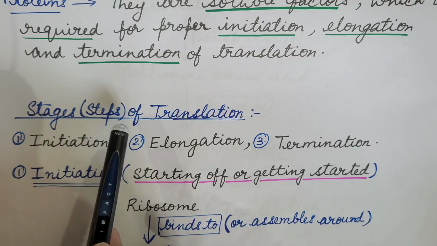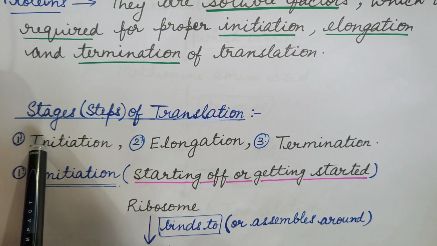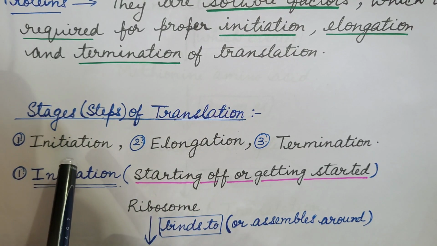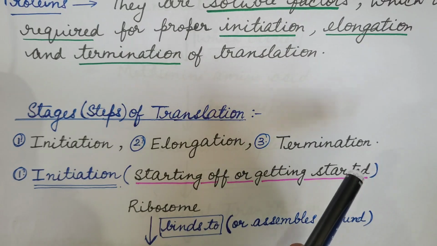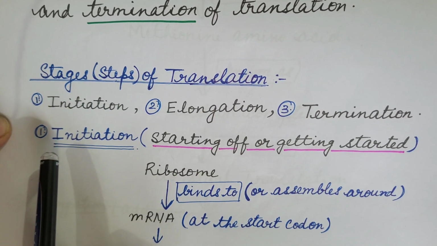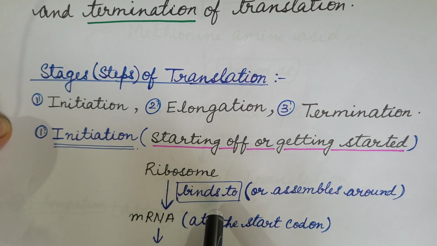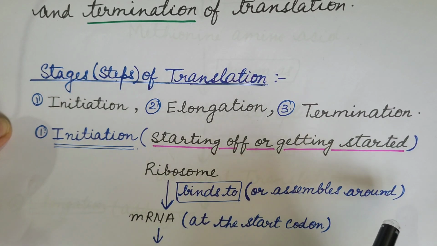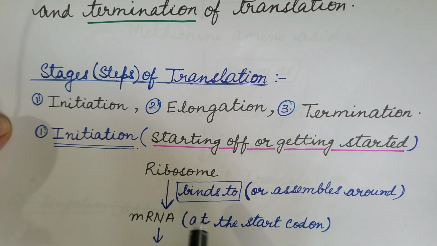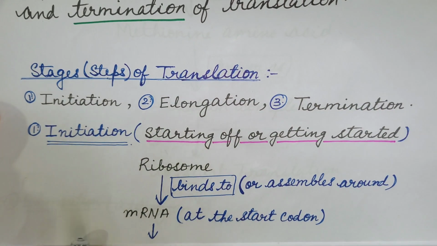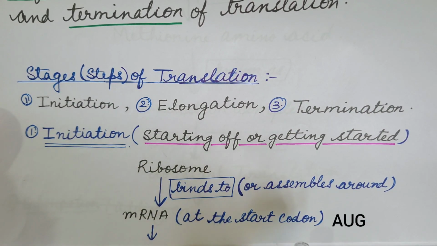Now the stages or steps of translation. There are 3 steps of translation: initiation, elongation and termination. First is initiation, that is starting off or getting started. Ribosome binds to or assembles around messenger RNA at the start codon, and this start codon is AUG.